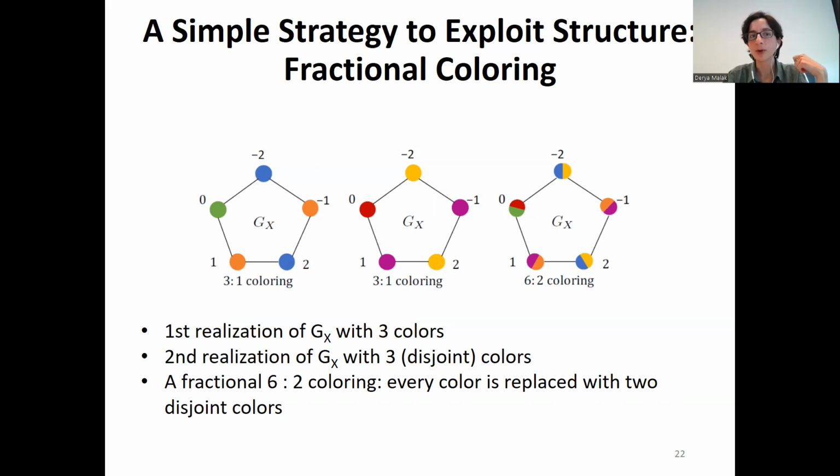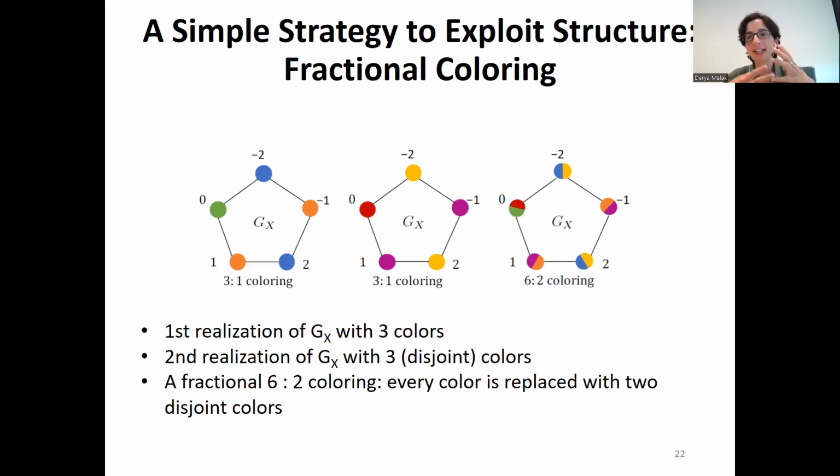Then let's take the average of these two. For the node modeling the index with value -2, I have blue and yellow. For this node, I have orange and purple. Each node is assigned 2 colors. Since I'm just replicating the same graph and assigning 3 colors per realization, in total I have 6 colors, and now I have a 6x2 coloring.